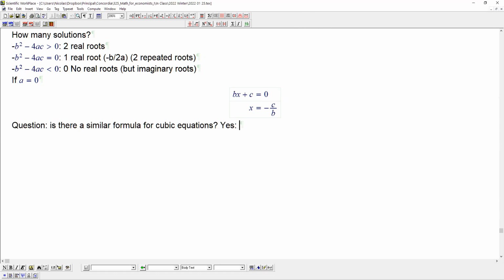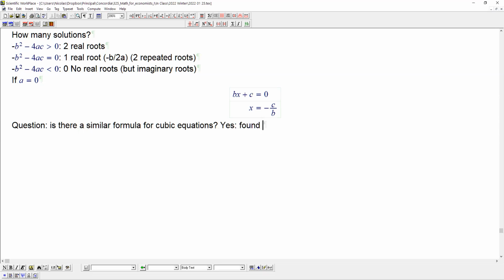So this was like high-tech research back in the Middle Ages in Italy. So the Italians were just trying their best to find a solution for a cubic formula, and it took a while, but yeah, it was found by Fubini. Maybe it's a combination of different people.